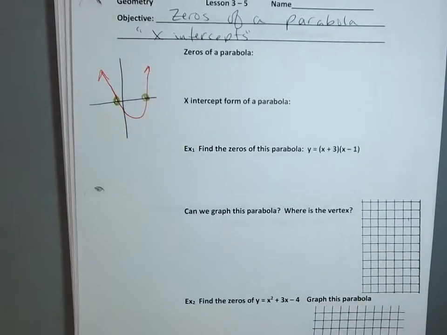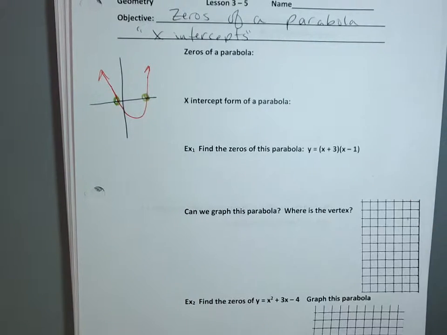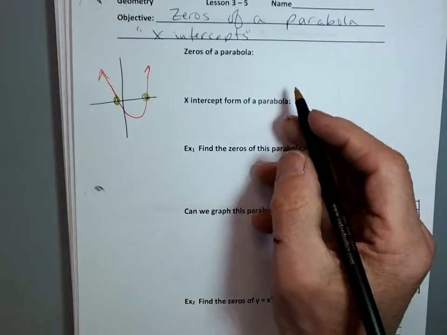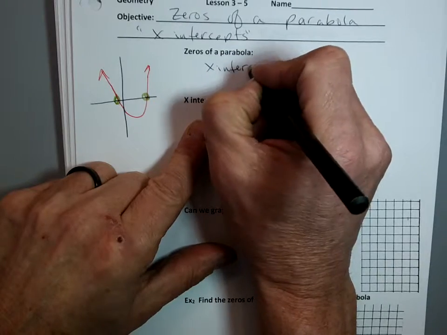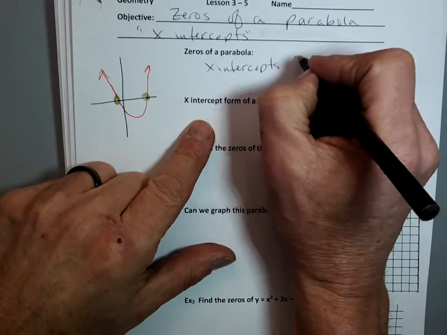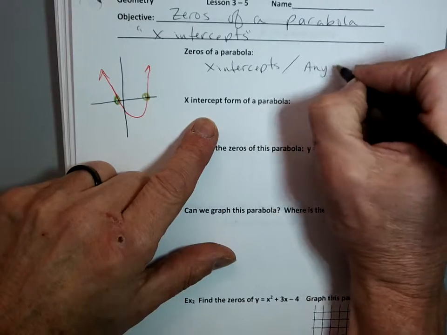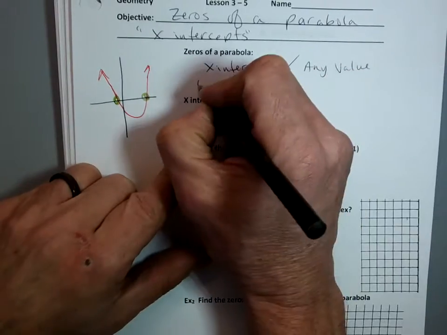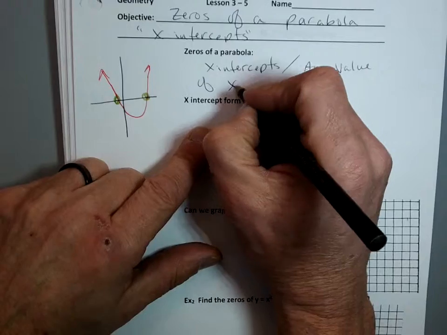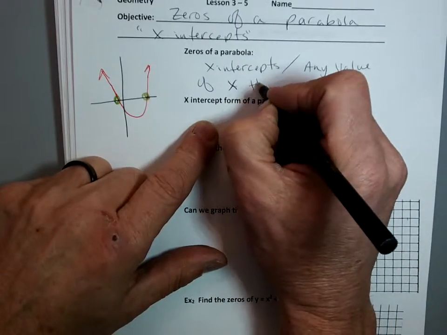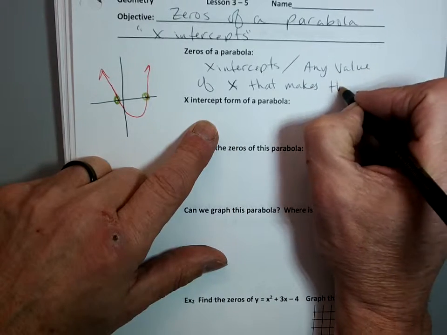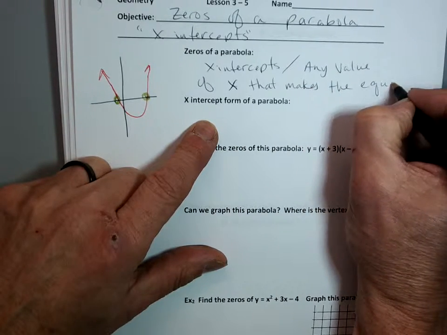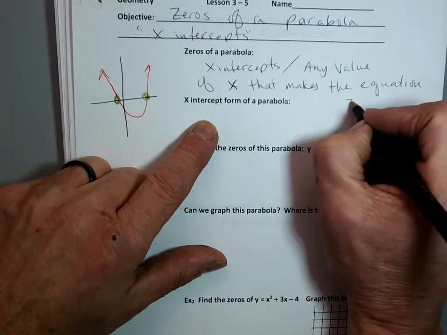So the zeros are a couple of things. One, it's the height. The height is 0, so the y value is 0. So the zeros of a parabola are x-intercepts, or any value of x that makes the equation 0.